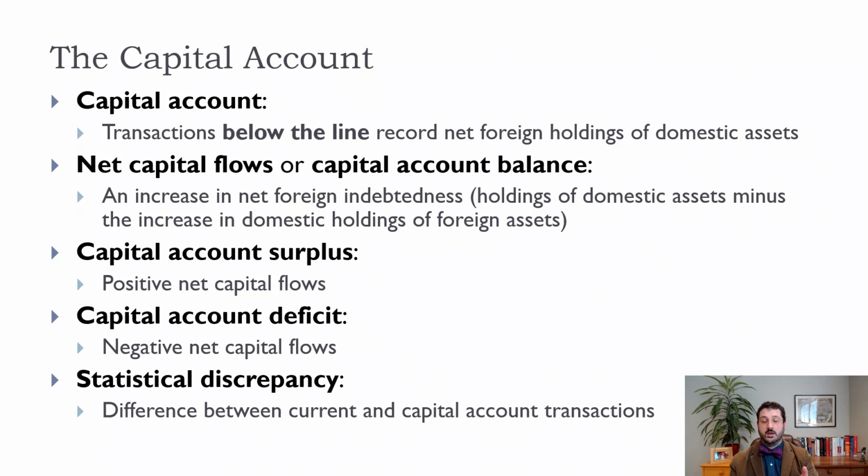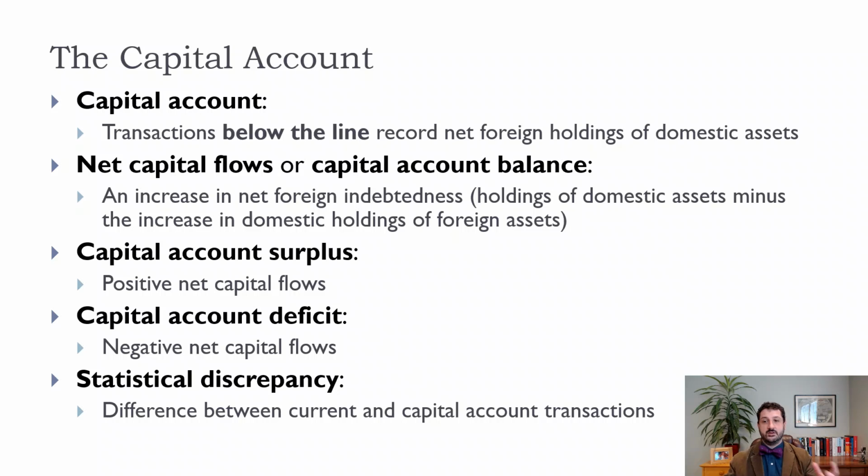What does that mean? Well, it means the change in, did the U.S. end up owning more foreign assets than foreigners owned of U.S. assets, or the opposite? So a capital account surplus means that there were positive net capital flows into the country. So that means an increase of foreign ownership in the country.